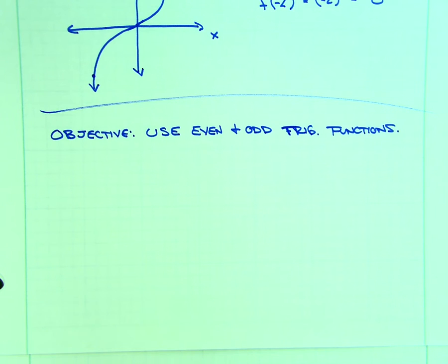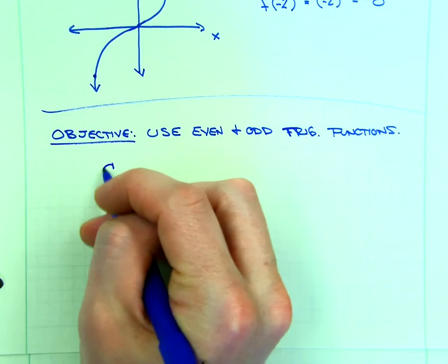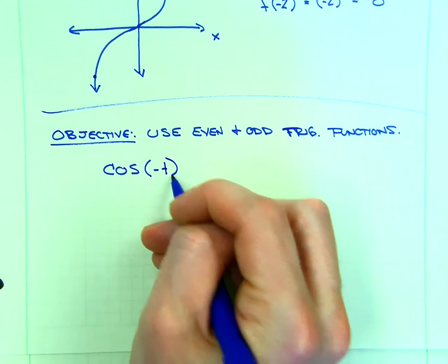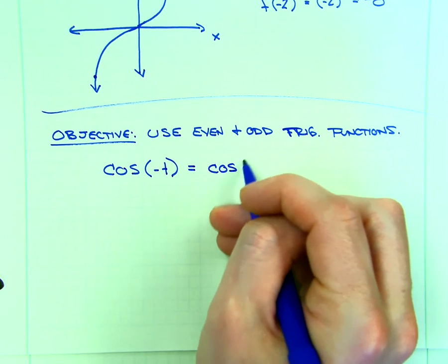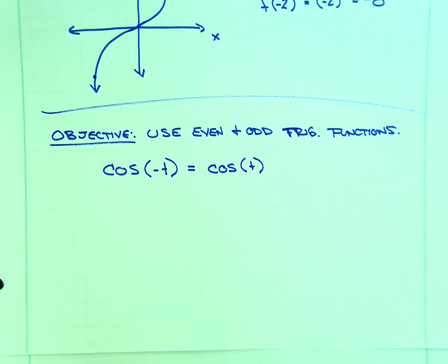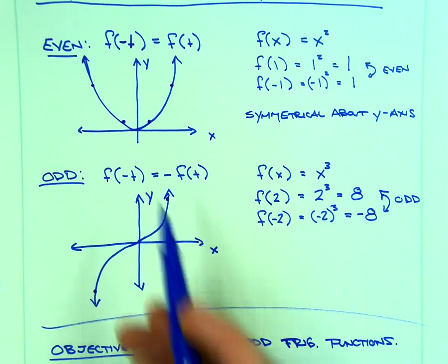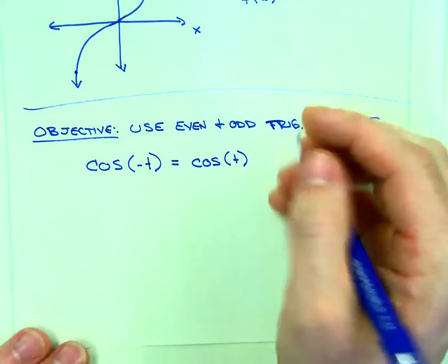Okay, so now what we'll notice if you take a look at the unit circle is there is this symmetry. And what we see is that the cosine of a negative number, or negative t, is exactly equal to the cosine of t. Now if we go back up to our definitions of even and odd functions, if I've got f of negative t is equal to f of t, this tells me that this function is even.